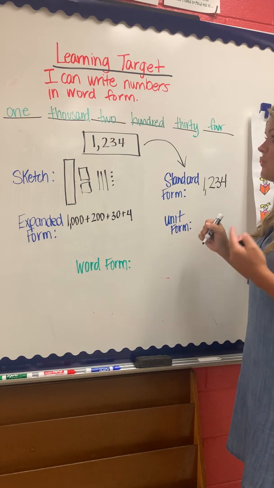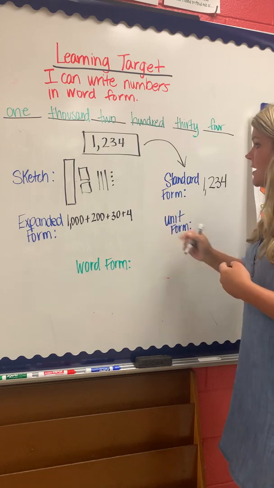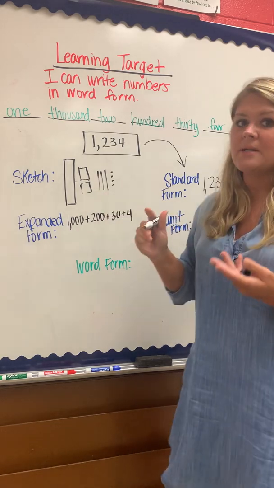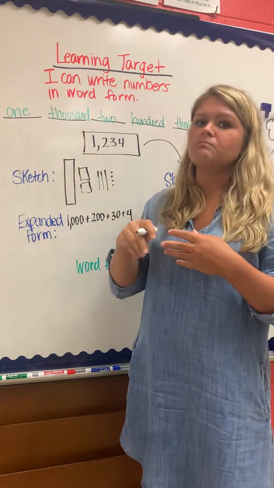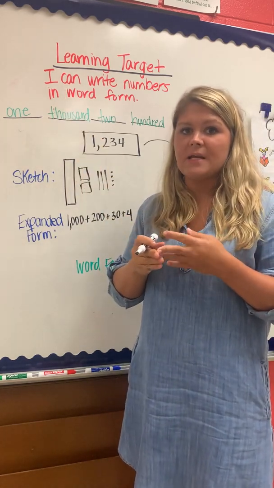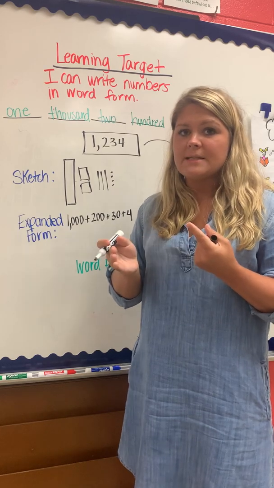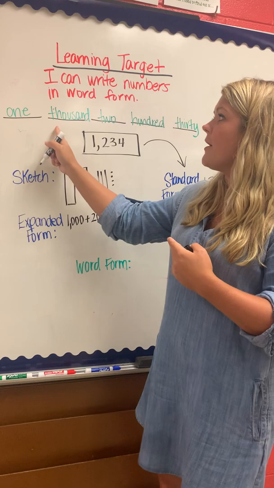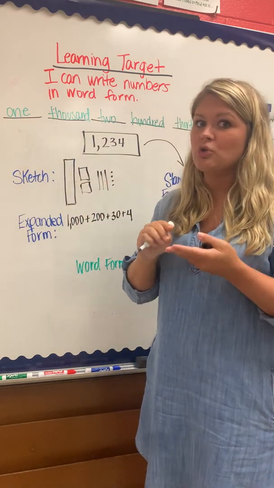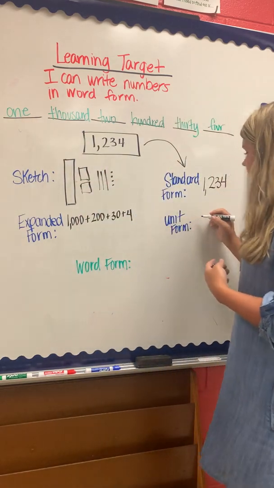This is where you just tell how many of the pieces that you have. Now yesterday I noticed some of us skipped ahead to the word form slides in the Google worksheets that you were working on, but you used unit form instead of word form. So you're going to want to go back and double check. So here we go, back to unit form.